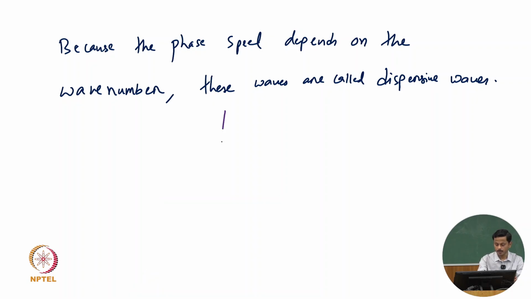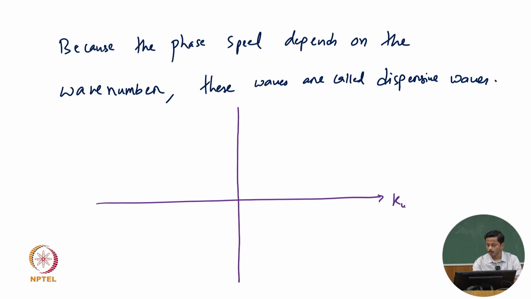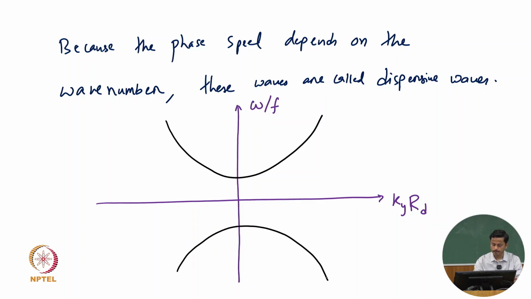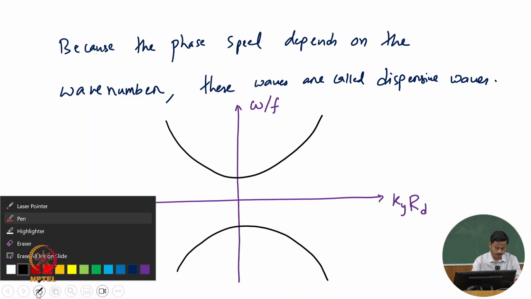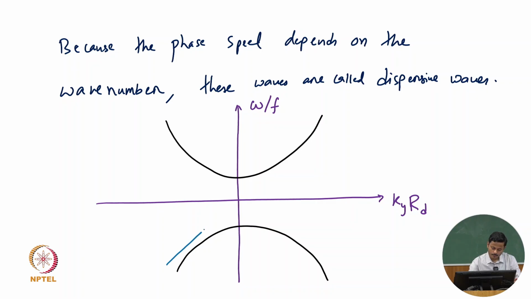So we can draw a simple schematic showing the relationship between the wave number times the Rossby radius of deformation and the frequency divided by the Coriolis frequency. This is the dispersion relation graph.